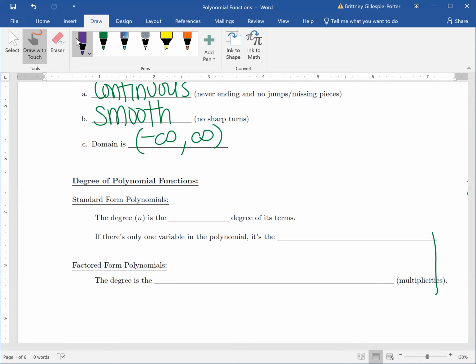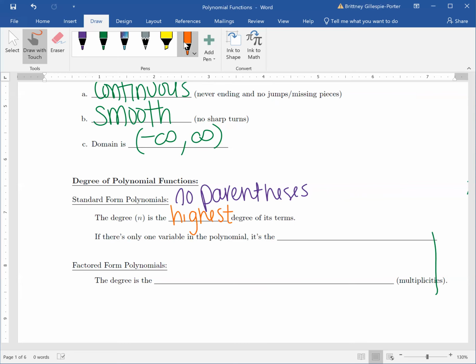Now, the degree of our polynomial functions. Standard form polynomials, so remember that is no parentheses. And that's how we're going to remember standard form. The degree n is the highest degree of its exponents.